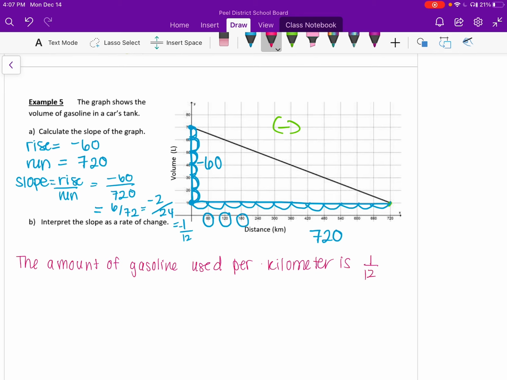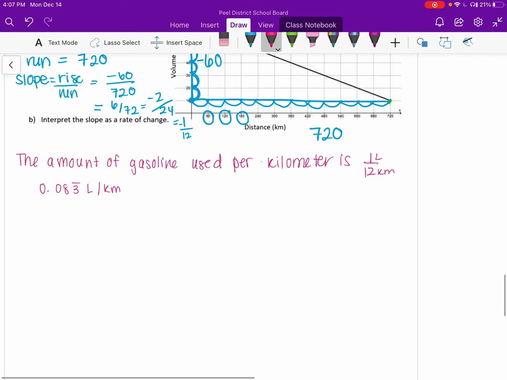And you wouldn't write the negative 1 over 12, it just indicates the slope, is 1 over 12, or what makes more sense is 1 divided by 12, or 0.083 liters per kilometer, right? Because it's 1 liter over 12 kilometers. And that tells you how much gasoline you're using.